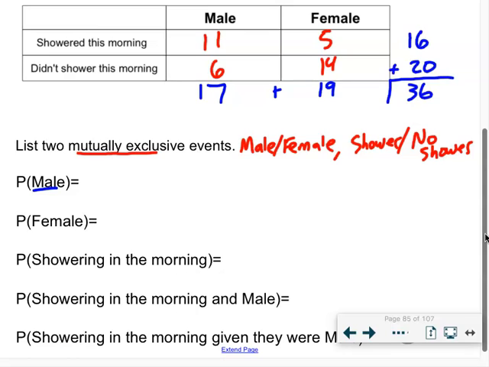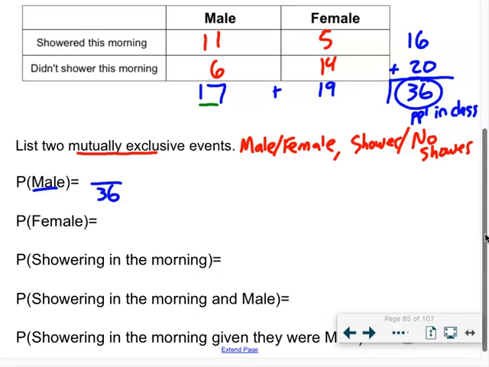So here's what's happening in this table. 36 is the number of people in class. Okay, so that's going to be the bottom of my fraction, unless I see a given somewhere, which we'll get to in just a minute. Out of the 36 different people in the class, I need to know how many of them were males.